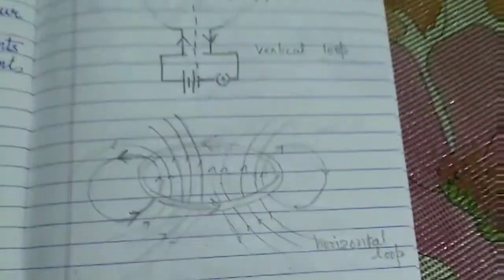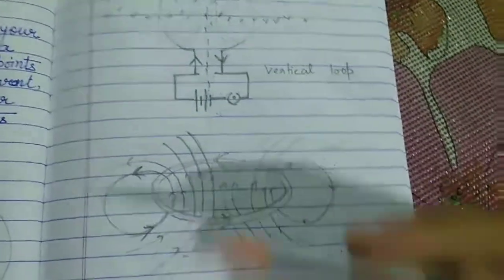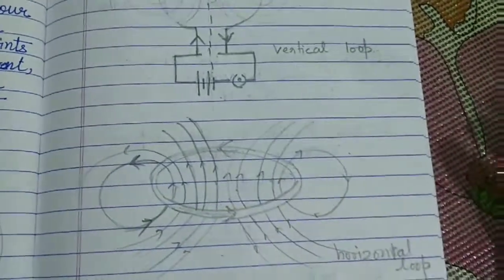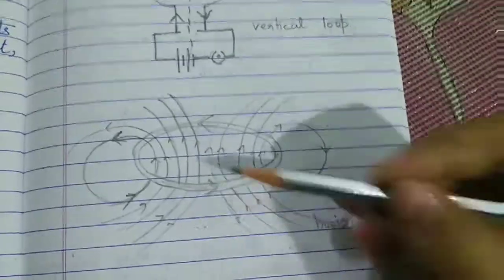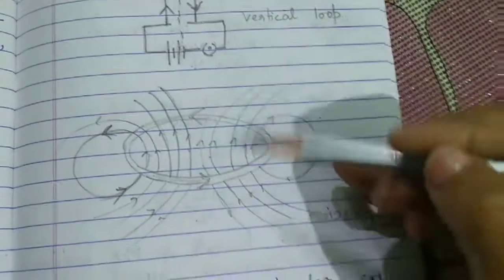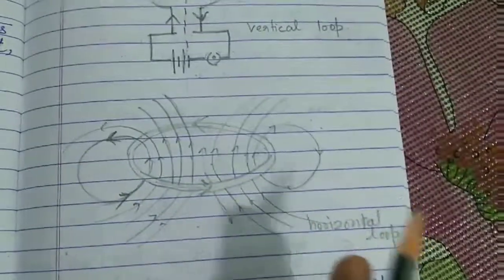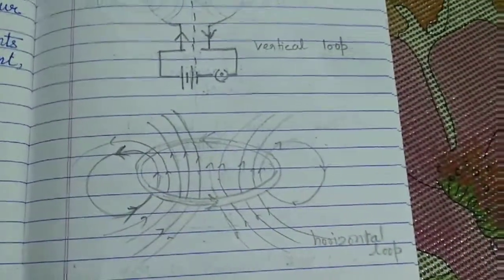Okay, got my point? Lines inside the loop, meaning magnetic field lines inside the loops, appear to be straight lines. So the magnetic field lines inside the circular loop appear straight.